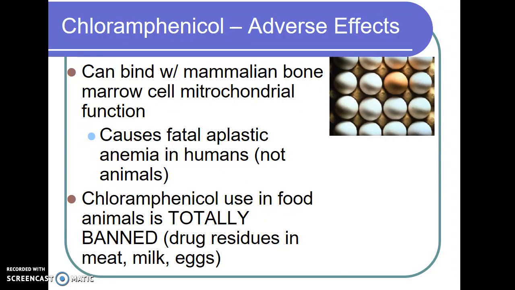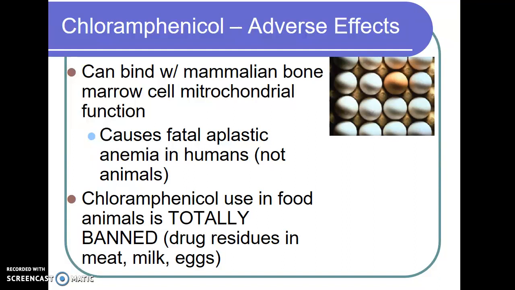But here's the really bad effect. It can interfere with cell mitochondrial function in the bone marrow, and it causes an idiosyncratic, so unpredictable, effect of fatal aplastic anemia in humans. It doesn't seem to affect animals in this way, just humans, but we're the ones that have to administer it, so that's why this side effect isn't very desirable to take a chance on.